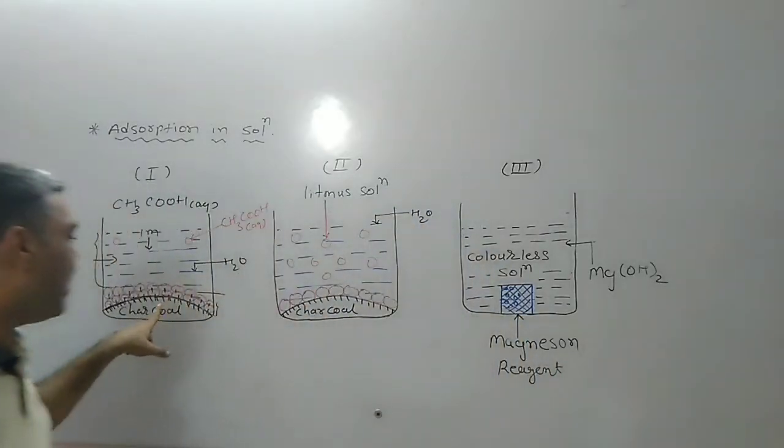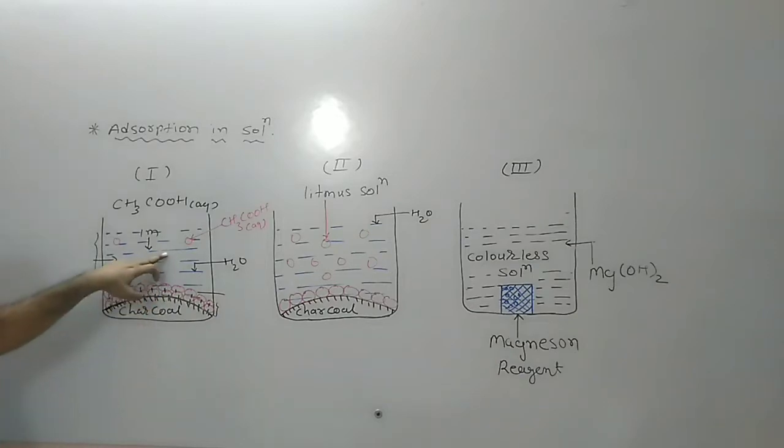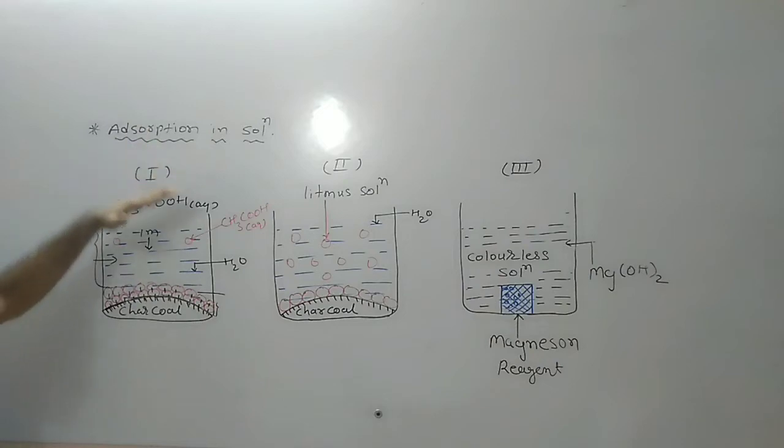So only solute particles are attracted towards the surface and adsorption takes place, and the concentration of acetic acid decreases.